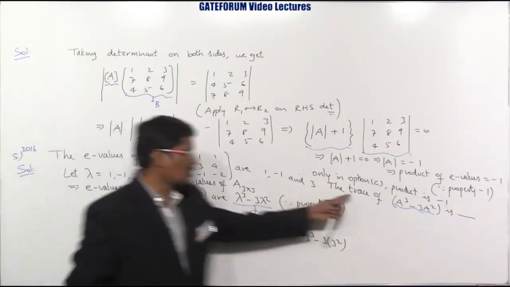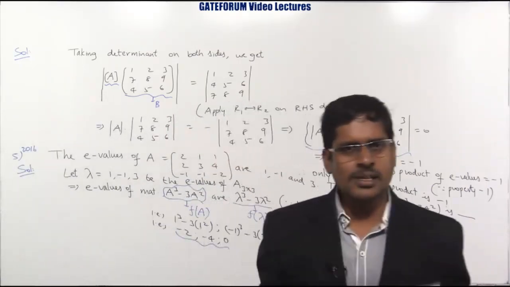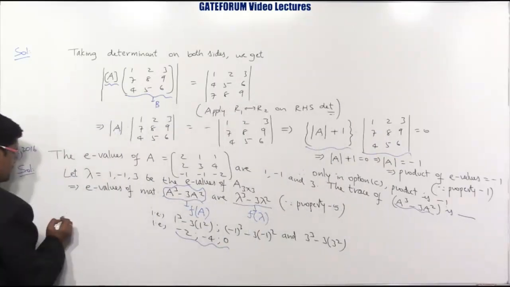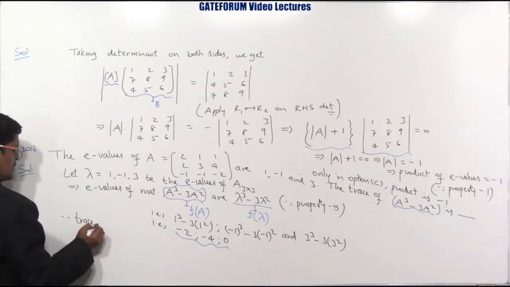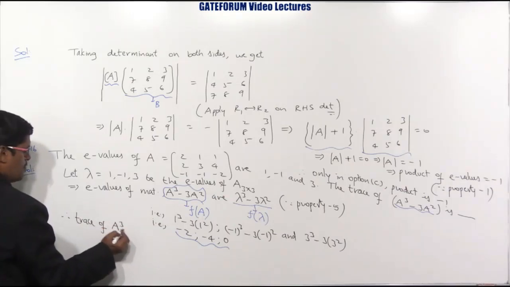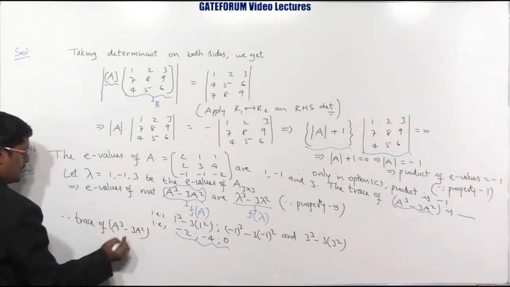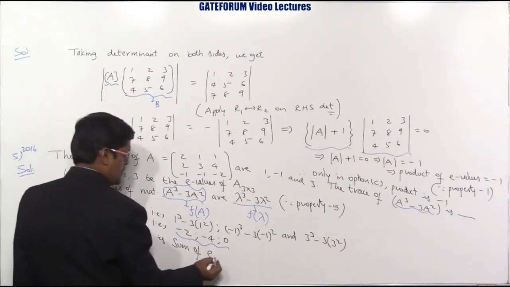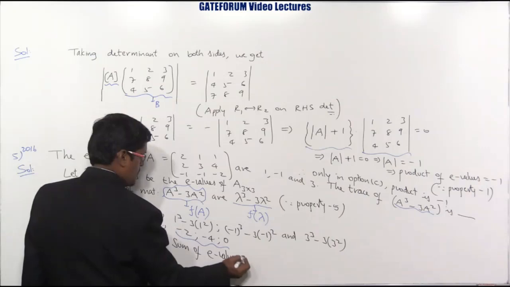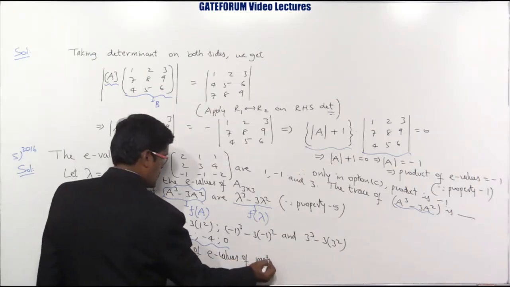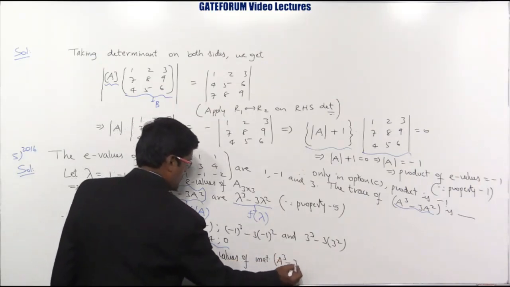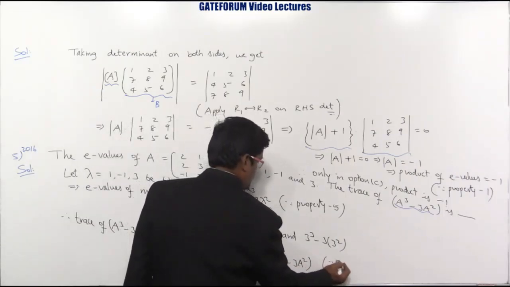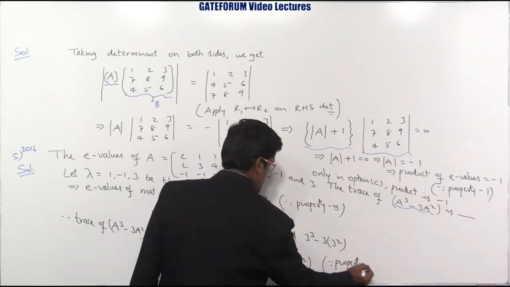But the question is about the trace, and the trace of any matrix is nothing but the sum of the eigenvalues. Refer to property 1. Therefore, the trace of A cube minus 3A square is the sum of the eigenvalues of the matrix A cube minus 3A square, by property 1.